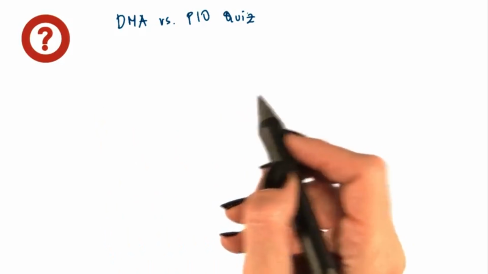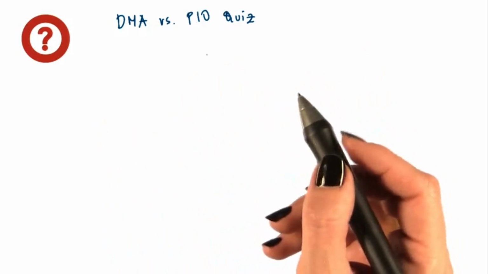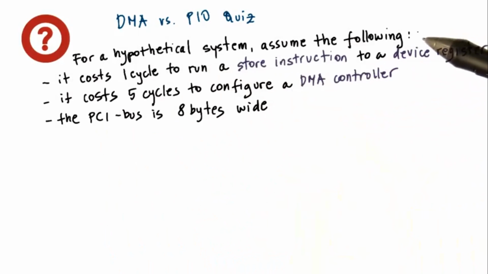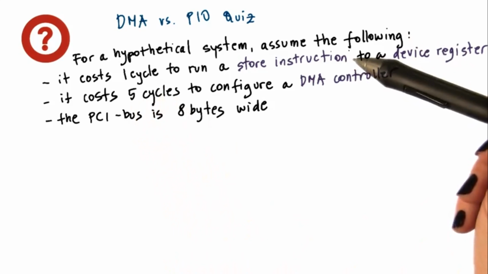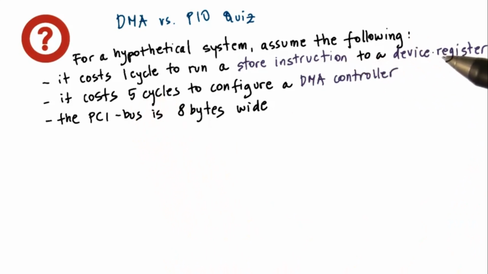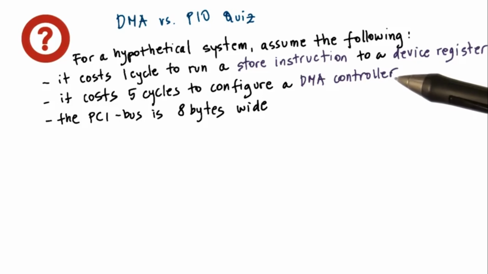As a quiz, I would like for you to consider DMA and programmed I/O in a hypothetical system. For this system, assume the following. It costs one cycle to perform a store instruction to a device register, and it costs 5 cycles to configure a DMA controller.